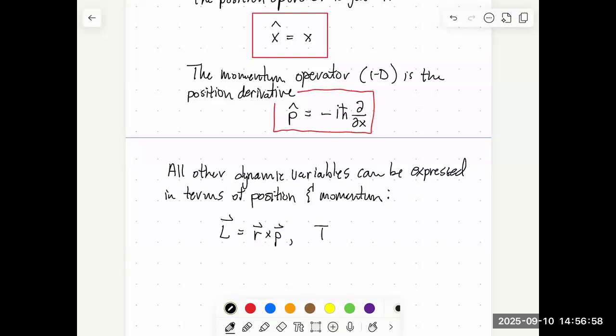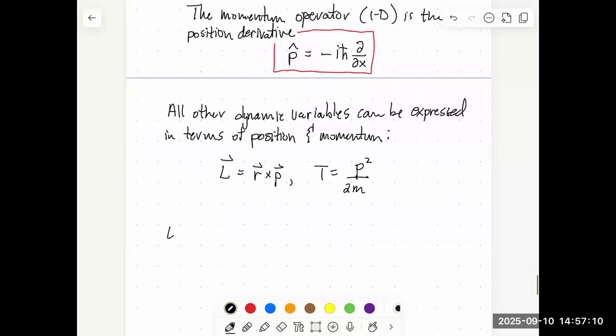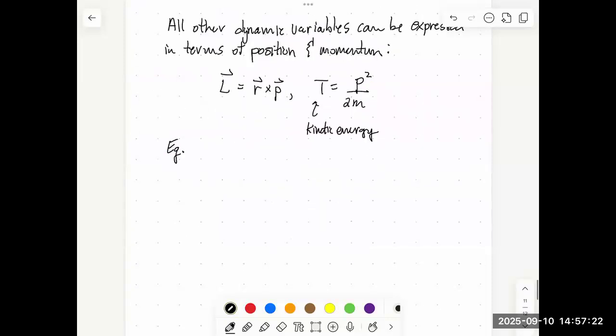The kinetic energy is p squared over 2m. That's the same thing as 1/2 mv squared. Okay, so let's do the kinetic energy. I want to consider our operator for the kinetic energy operating on some wave function.